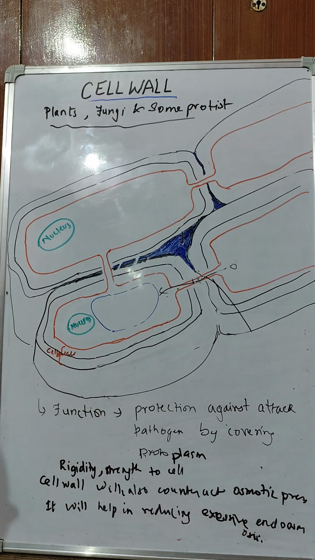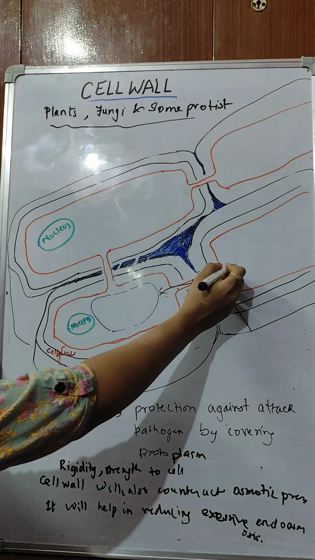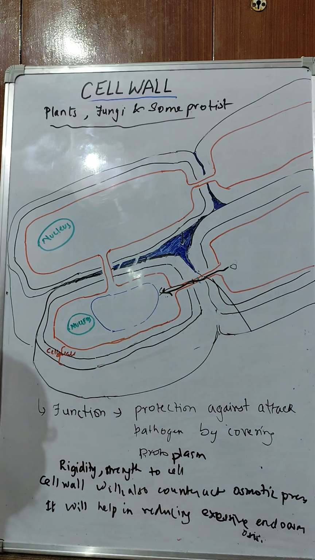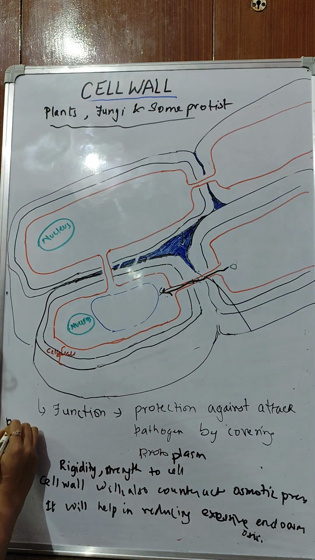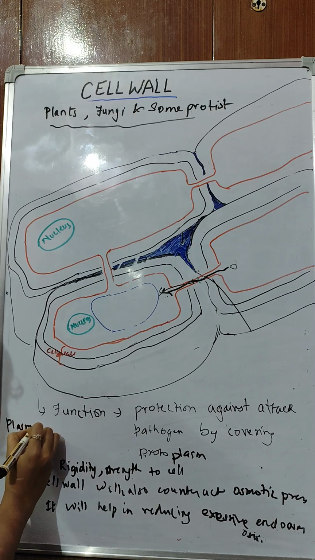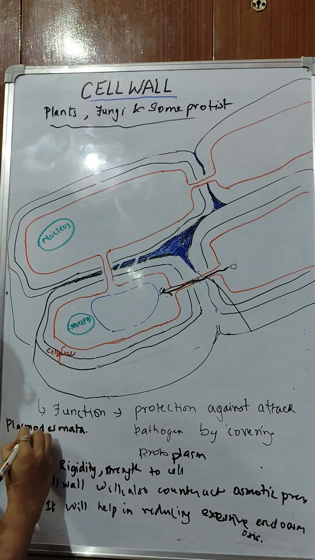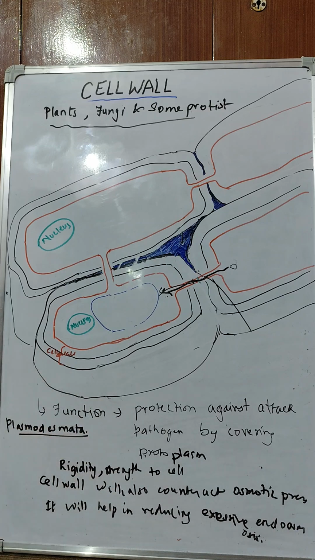Then the transportation of material, solute, signals also takes place through the cell wall, and for that transportation the plasmodesmata is present over here, and this transportation through plasmodesmata is known as symplastic transportation. Okay, now these were the important functions of the cell wall of the plant or fungi.